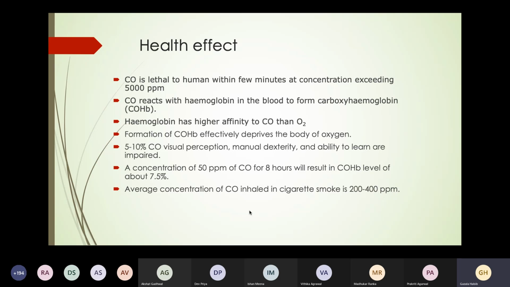So a concentration of 50 ppm of CO for 8 hours will result in a COHb level of 7.5%.